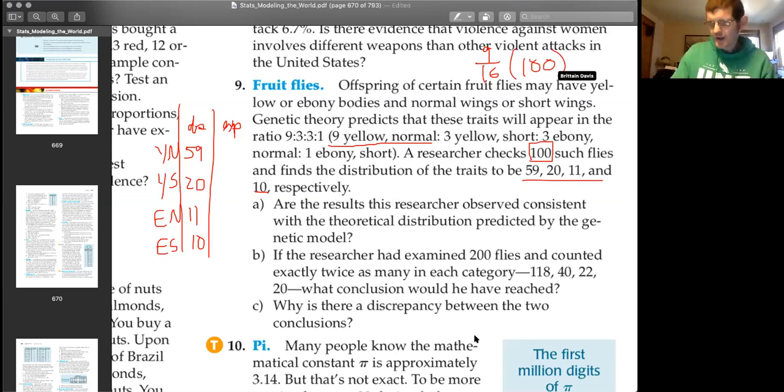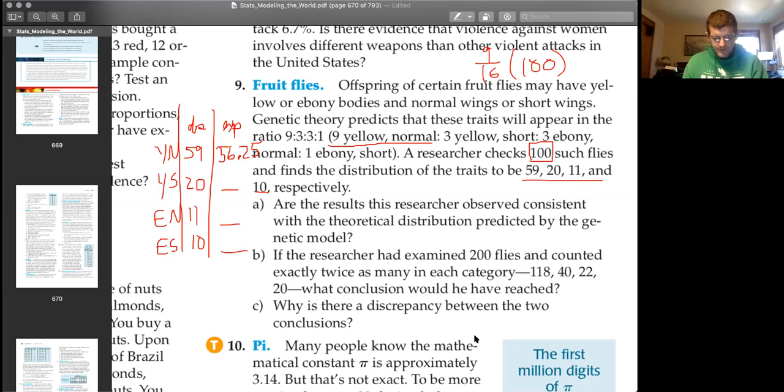If I multiply that out, you can do the same, I get 56.25. So I need to calculate to figure out what my expected counts would be. I won't do the rest of it, but you can fill in what these 3 values are, and then it's straightforward: put it into lists, let the calculator run the test for you.